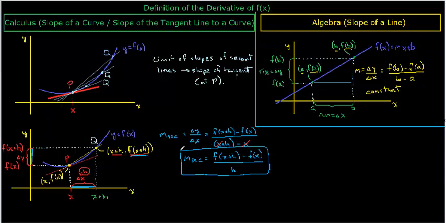Okay, now what we want to do is consider the limit, because the idea here is we want to consider Q approaching P, or another way of putting that is the difference between these two x's is getting smaller and smaller and smaller. So that means that h is going to approach 0.